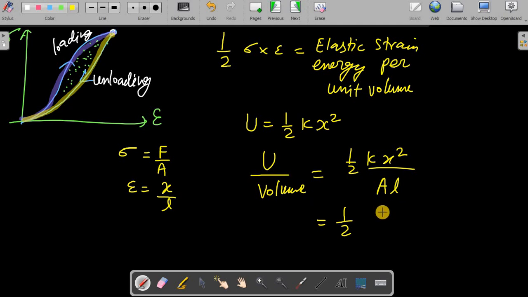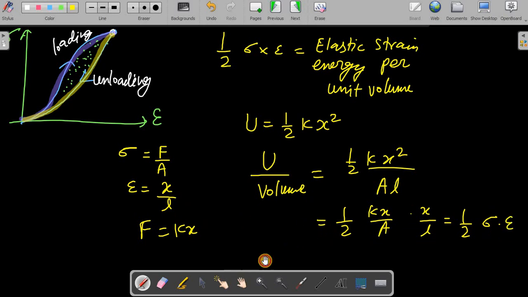So K can be written as AE by L, or Kx can be taken as force, right? Kx can be taken, and x by L you can separate. So this is what it is, half stress, because force by area, Kx is force, stress into strain.